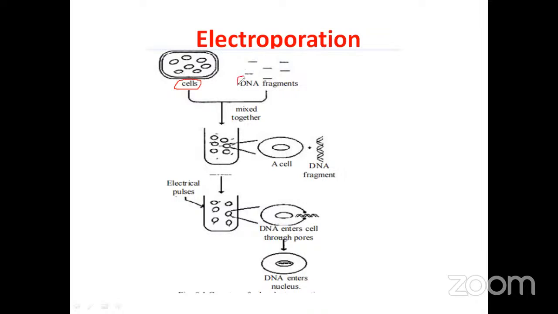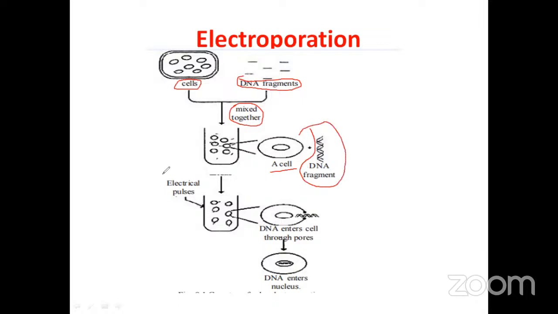These are DNA fragments, the desired DNA. So you select the target cells and the desired DNA, the desired genome. Both are mixed together in a vessel, cells with DNA.